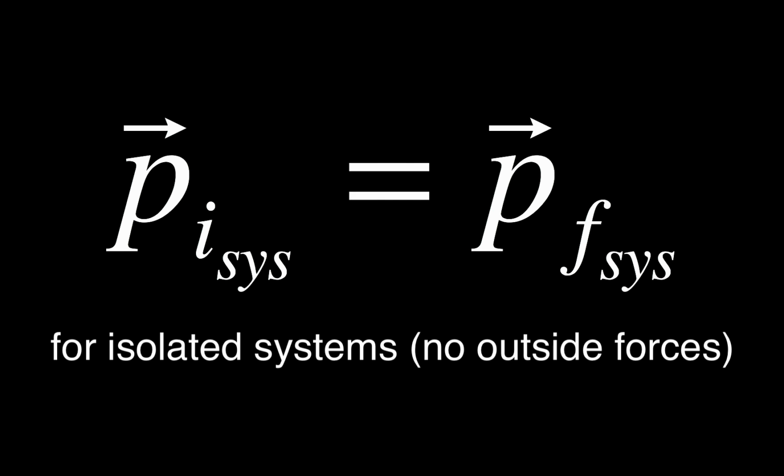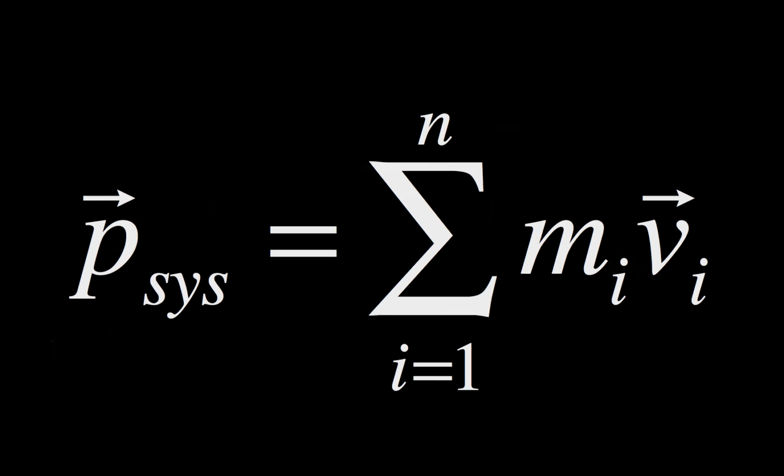What you can count on, however, is that as long as there are no outside forces, the momentum of the system will be conserved. The initial momentum of the system will be equal to the final momentum of the system. Whether objects stick together, bounce apart, or even if they all slow down or even come to rest, momentum is still conserved. And that system momentum is equal to the sum of all the individual momenta of the objects in the system.